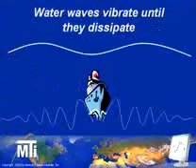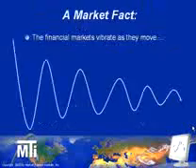Now, when a wave hits or starts, it vibrates until it dissipates. Envision calm water and a boat going through that calm water and disrupting it. Look at how after the wave begins, it starts to dissipate slowly until it goes calm again. Now, the financial markets also wave and vibrate.